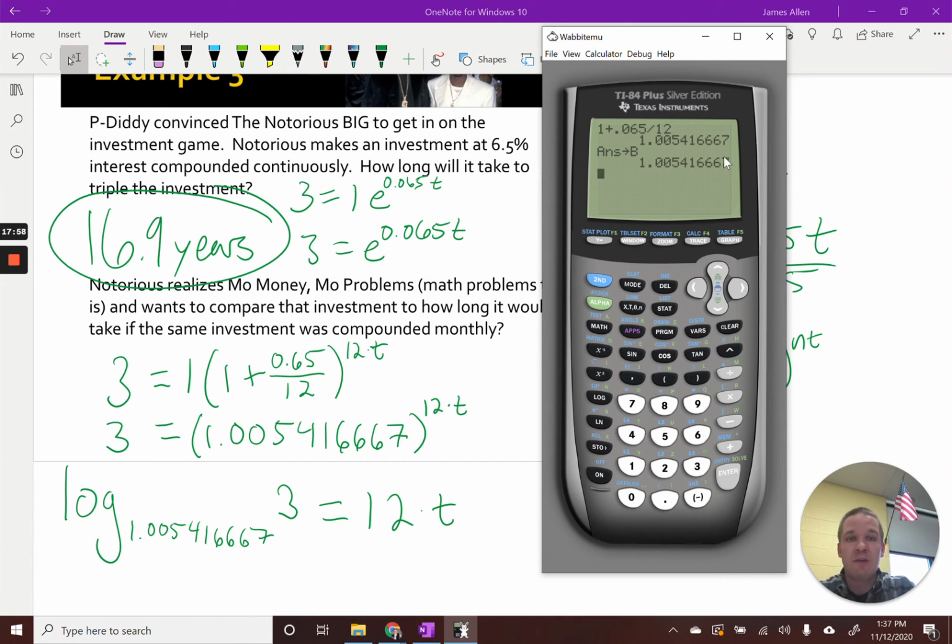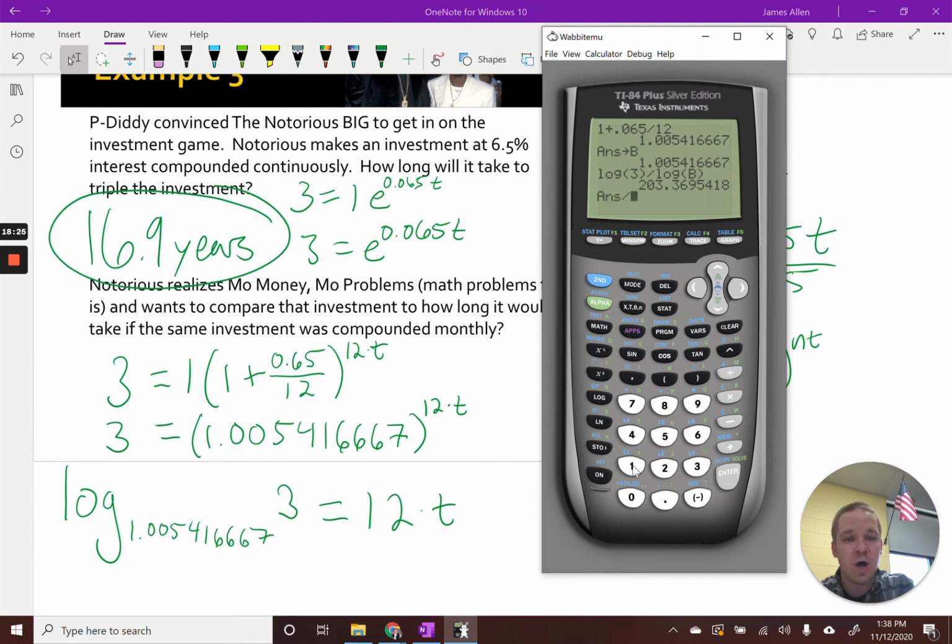Nice and accurate. So if I'm evaluating this, unfortunately, this calculator doesn't have the alpha math feature or the log base feature. So I'm going to have to use change of base, which is log of 3 divided by log of, well, I stored it, right? B. And when I close that out, hit enter, I get 203.